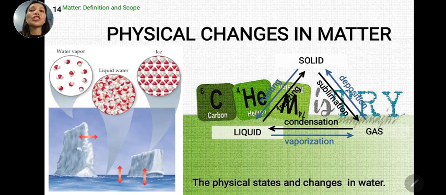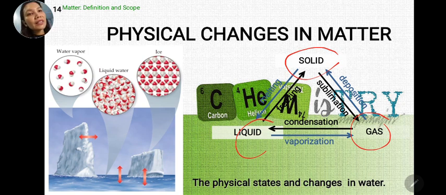Yan. The physical change in matter, mas ma-demonstrate siya sa physical states na pinagdadaanan ng water. So, meron siyang solid, gas, and liquid. Kapag yung solid water ay nag-melt, magiging liquid siya.